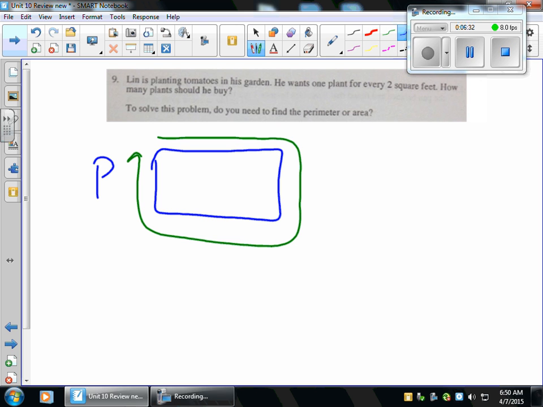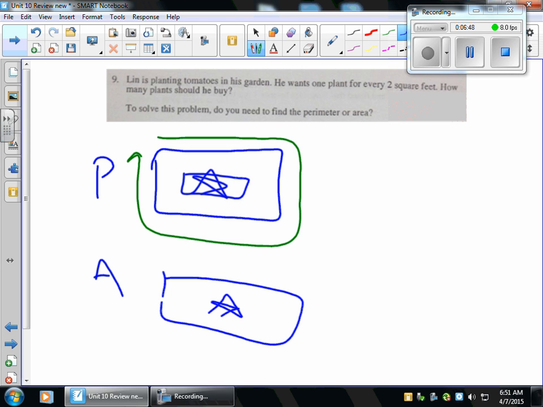I think most people plant, I would say all people plant their tomatoes in the inside of their garden. Area, oops, I meant to put an A there, not a star. Area would be the inside. So to solve this problem, he needs to find the area.